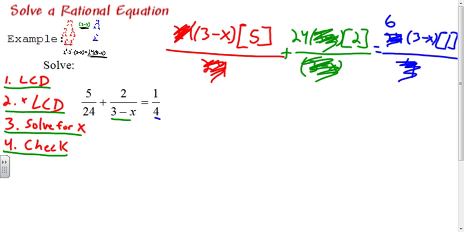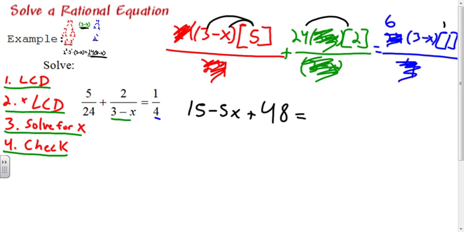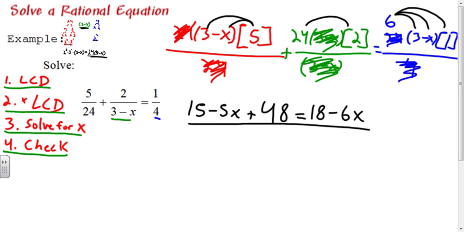So in the end, if we distribute this 5 right away, we would have 15 minus 5x plus 24 times 2, which is 48, equals 1 times 6, which is just 6, times 3, and 6 times negative x gives us 18 minus 6x. Now this is the equation we're looking to solve, which is a lot cleaner than our original one.